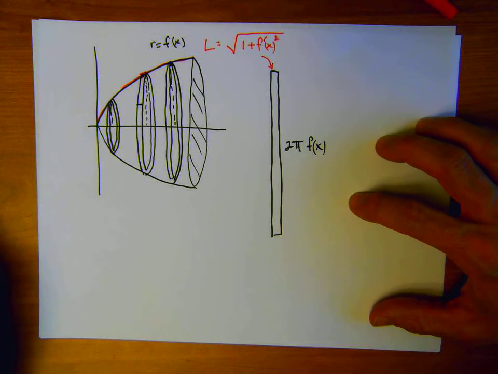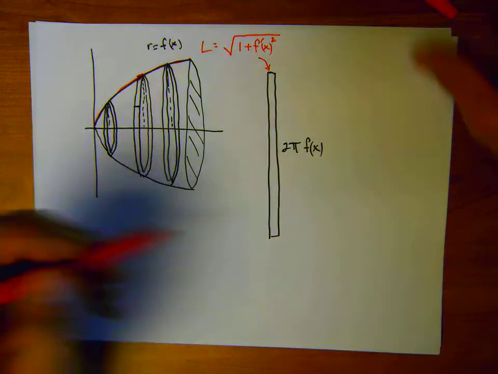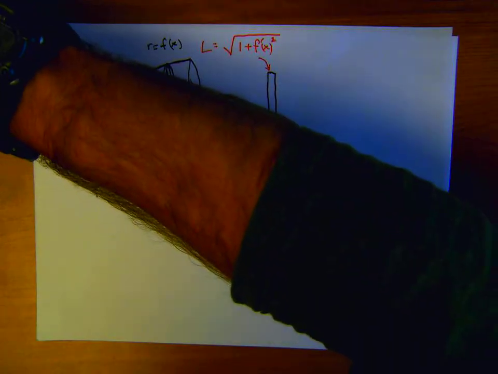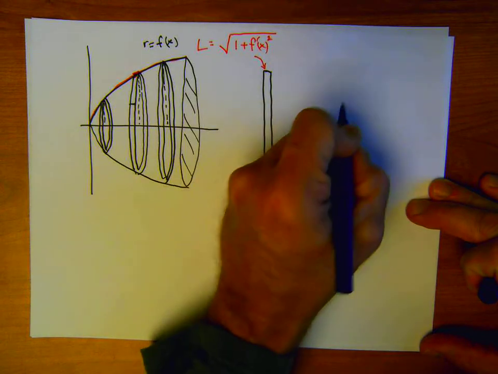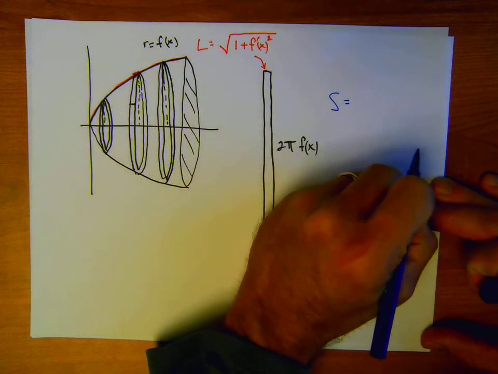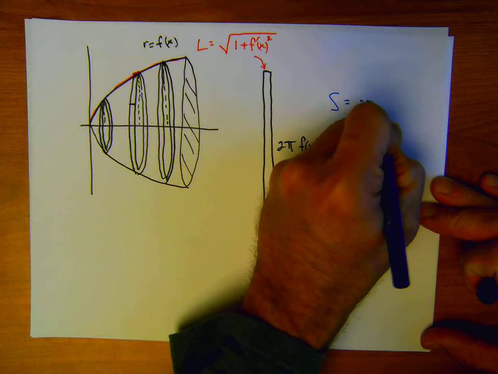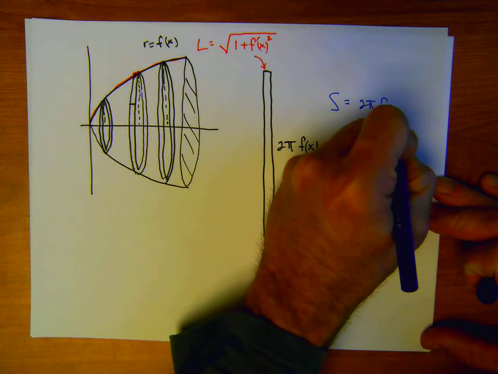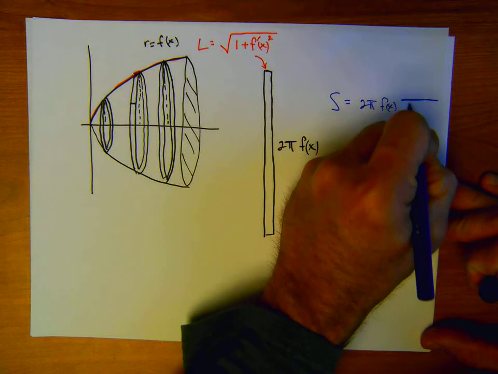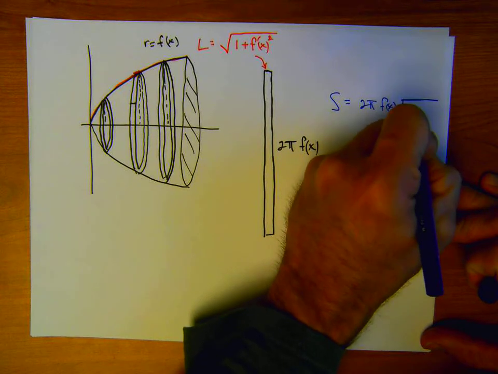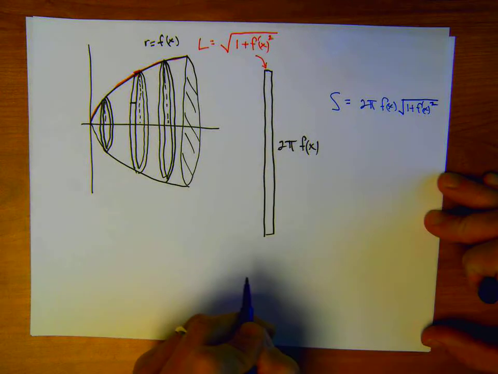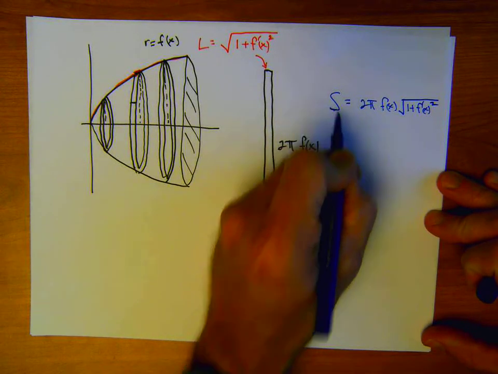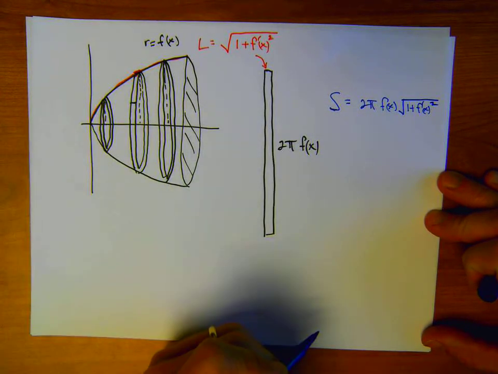So for any individual strip, we know that the area, and we're going to call it surface area, is going to be 2 pi times the function times the square root of 1 plus the derivative of the function squared. That's for any individual band or slice, and then we add them all up.